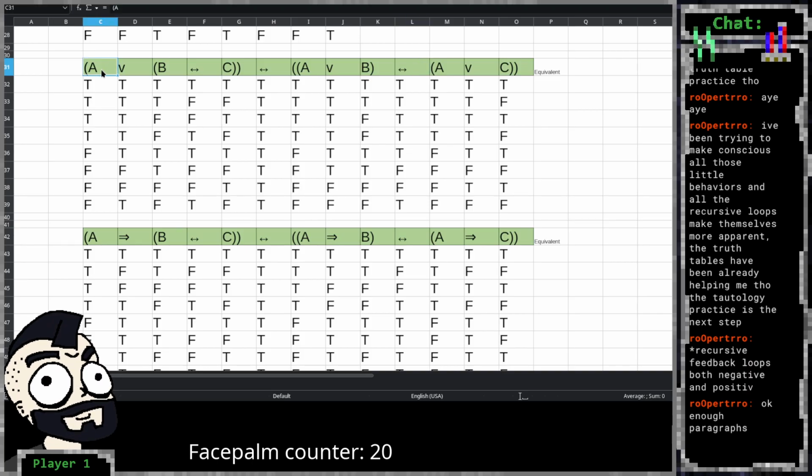Because this formula is saying either A or B, always with C. So either I have A or B, or A or C, if and only if.